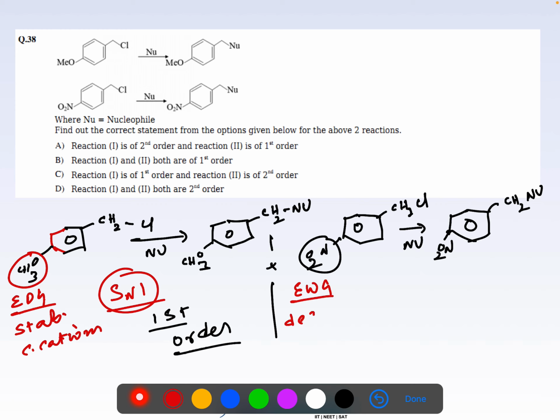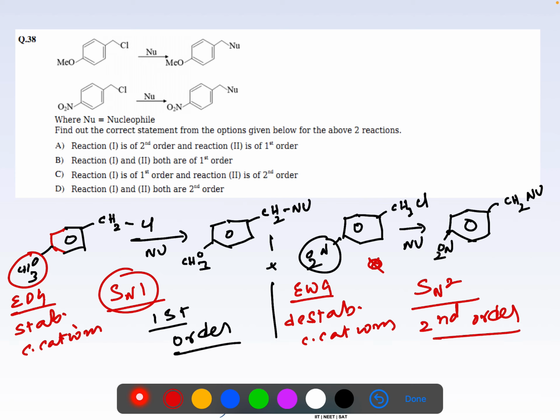Electron withdrawing groups destabilize carbocations. So this substrate will try to avoid carbocation formation. So it will prefer the SN2 reaction. SN2 reactions are second order reactions. So the correct option will be reaction 1 is first order and reaction 2 is second order. Option will be C.